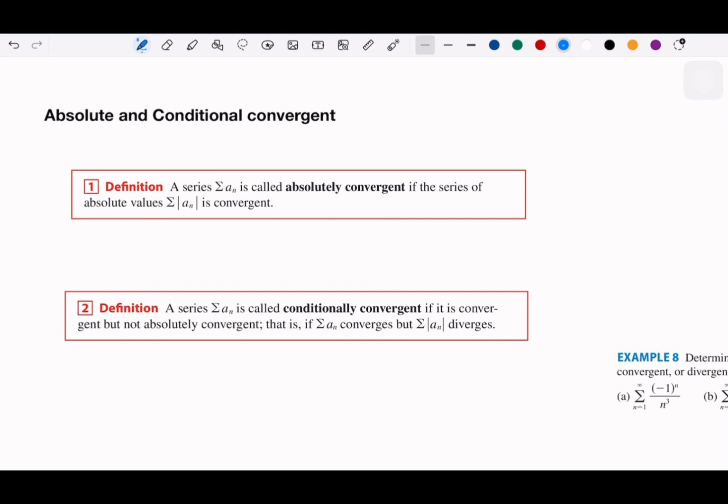And the second one is conditionally convergent. That is if the a_n converges, but when we take the absolute value it is divergent.